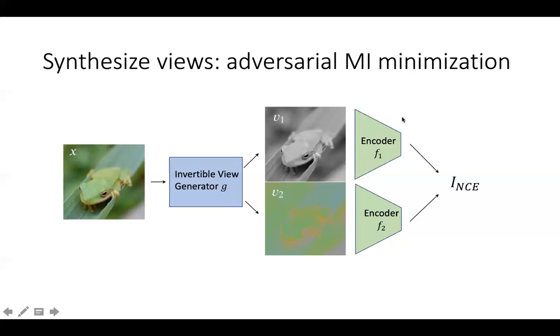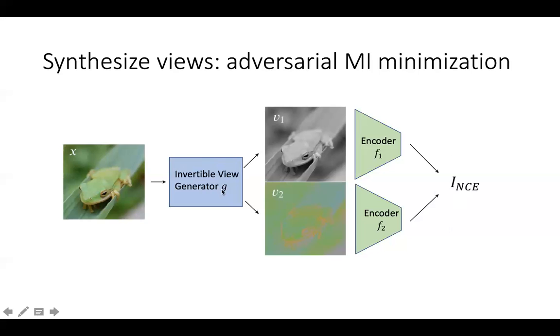So now this is a two-part model. The first part is similar to the generator in a GAN. And the second, mutual information estimation part is similar to the discriminator in a GAN. Therefore, the mutual information estimator is trying to maximize this InfoNCE bound, and your view generator is trying to adversarially attack it.